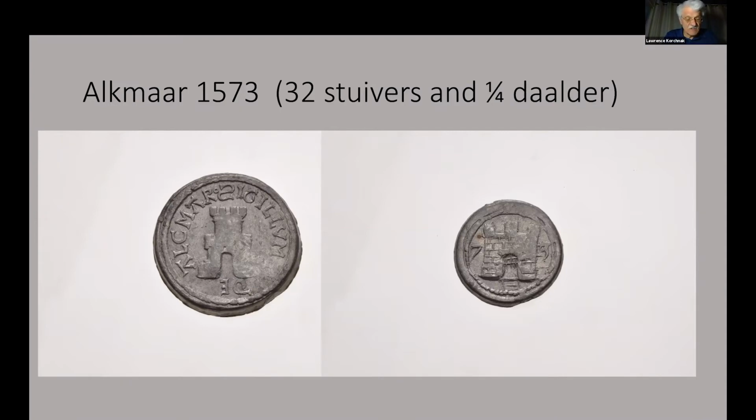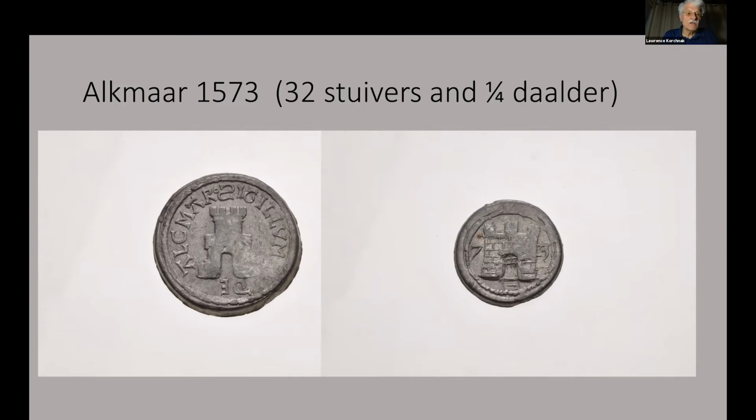And in this case, it routed the Spaniards. And the defenders produced about 6,000 guilders worth of these coins, 1, 6, 13, and 36 stiver denominations. And again, as many sieges are, if it were in a precious metal, they could spend it and it was worth something. But when it was in lead like this, it had symbolic value, not an intrinsic value.